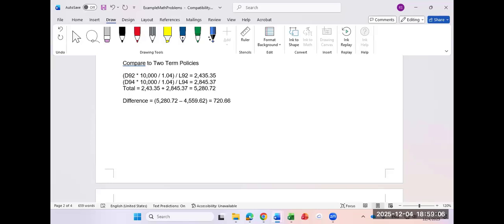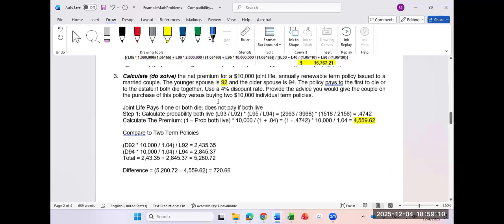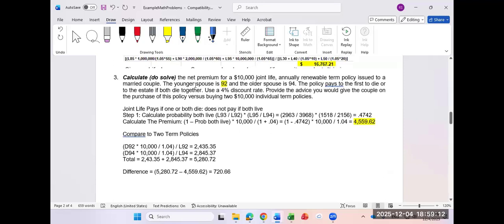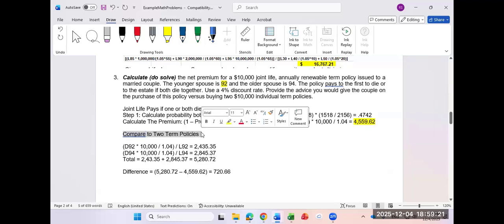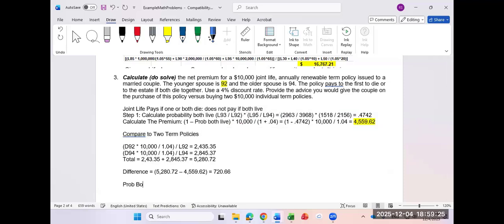Now, to get full points, you've got to show me why it saves them so much money. Anybody know what's the difference in these two policies? Why is the joint life cheaper? Or maybe right away, where's the one situation where the two-term policies win? Both die. So the probability both die is going to equal D92 divided by L92 times D94 divided by L94.